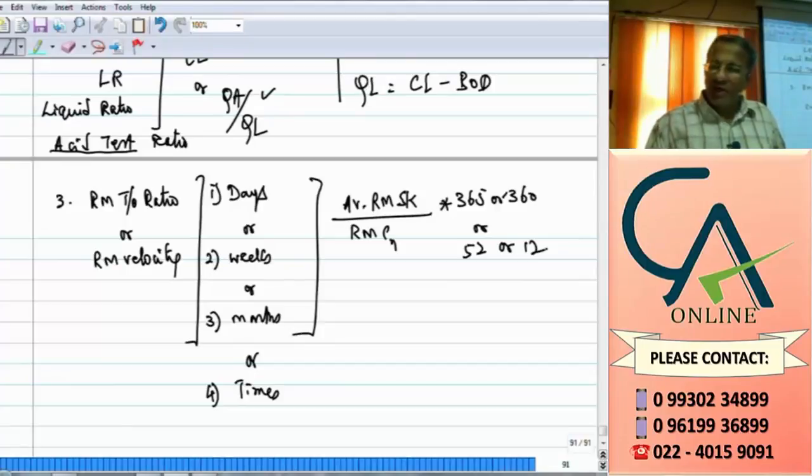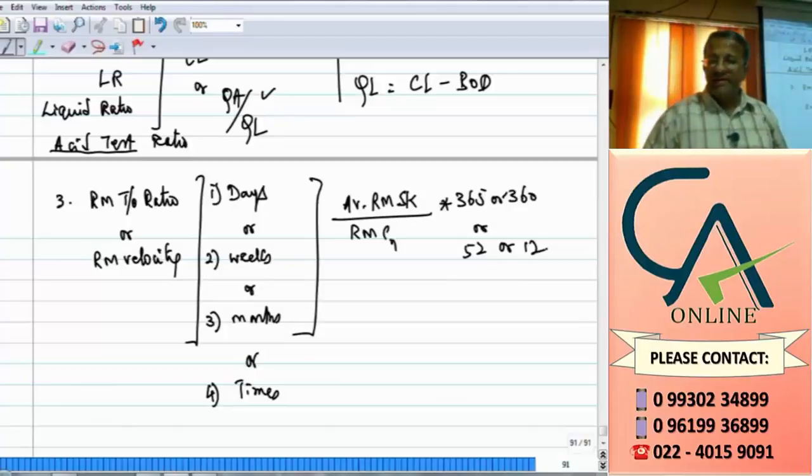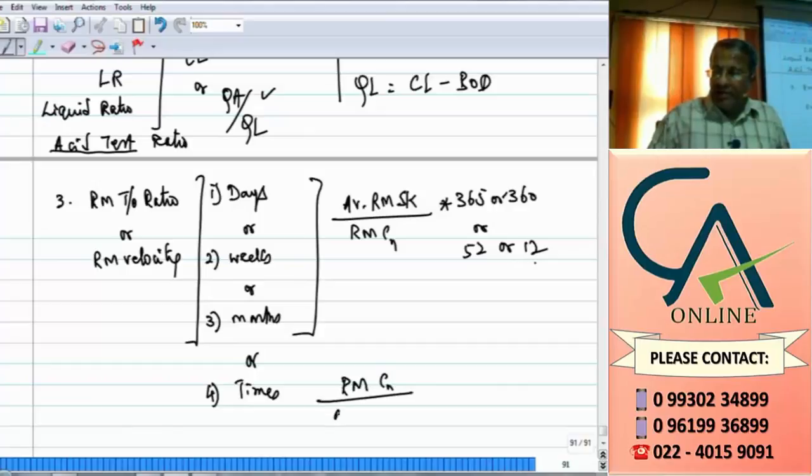Whichever way you want, you can express it. So these are days, this is weeks and this is months. Correct. In the case of times, it is going to be raw material consumption divided by average raw material stock.